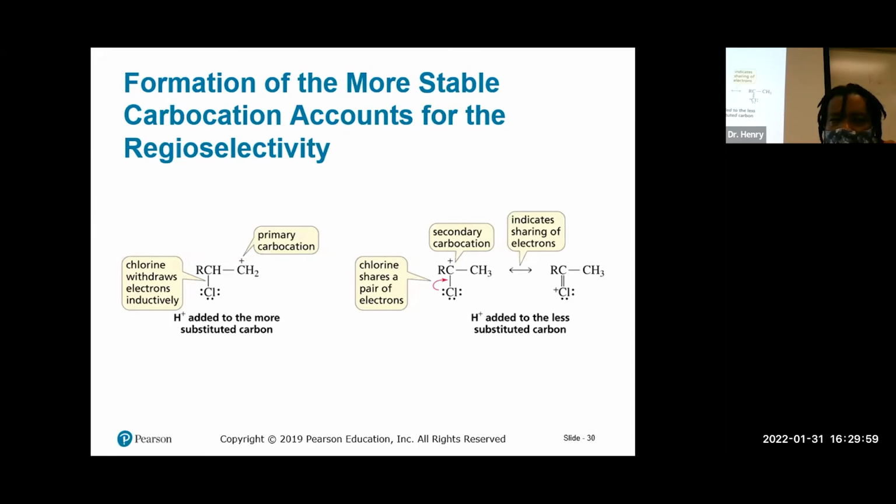How can I say this? This plus charge here doesn't last long. It isn't preferred, and it has a tendency of popping up. As soon as it pops up, the electrons are shuffled over here to balance it out, because it doesn't want to be messed with.